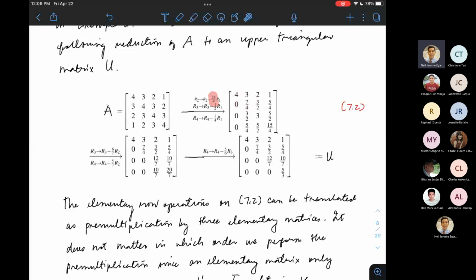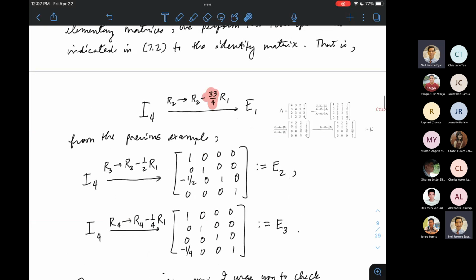The problem is the 7/4. This will be multiplied by -3/4, so we'll have -9/4. I add it to 4, which gives 16. So I think it should really be 7/4. So there was a problem with my multiplier in the elementary row operation. But I hope you get the idea. Minus the typos we had, or the wrong solution, maybe it was a typo that became 33/4. But keeping those aside, I guess you'll get the idea of how it was performed. All right. Okay.